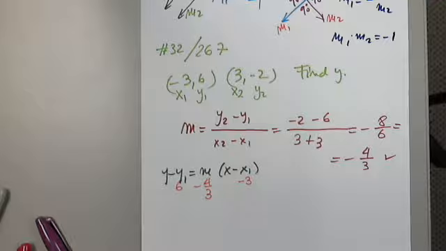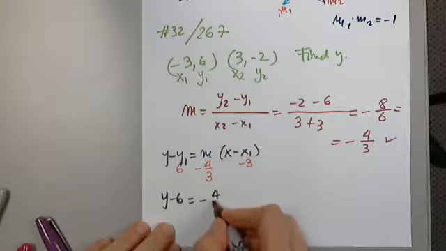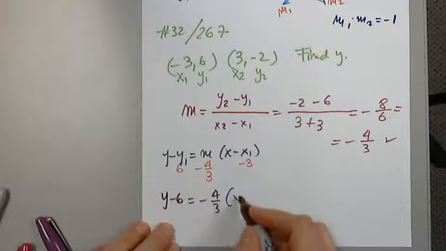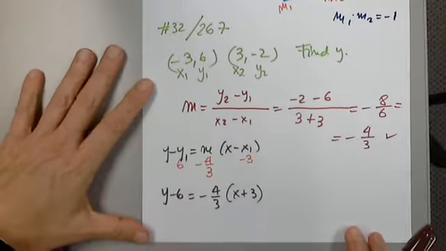It's y minus 6 equals negative 4/3 times x minus negative 3, but that will be x plus 3. Otherwise, I would have written x minus parentheses negative 3.